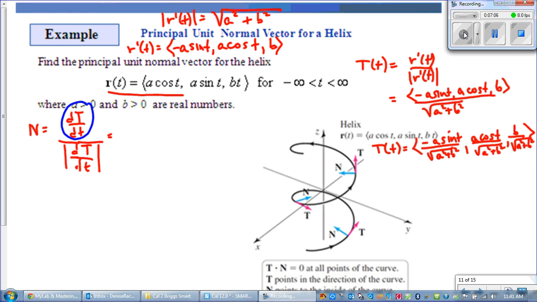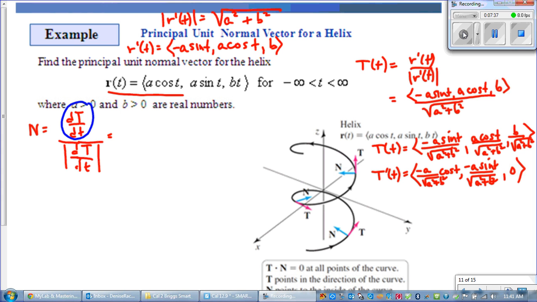So now the derivative of T with respect to t, which is T prime of t, will be minus a over the square root of a squared plus b squared times cosine of t, negative a sine of t over the square root of a squared plus b squared, and then 0. Now we just want to make that a unit vector.